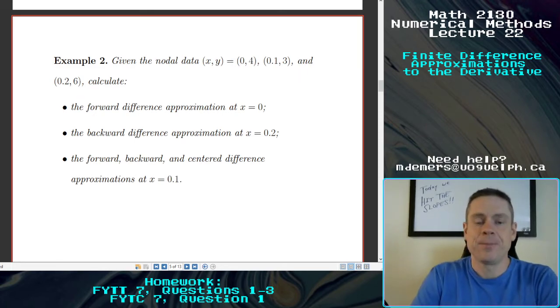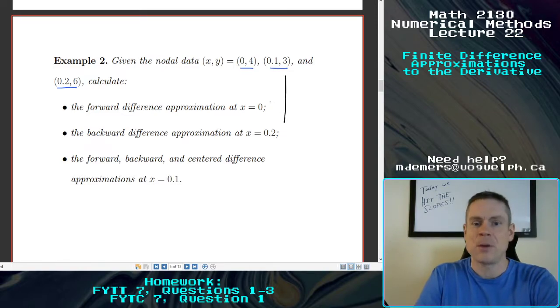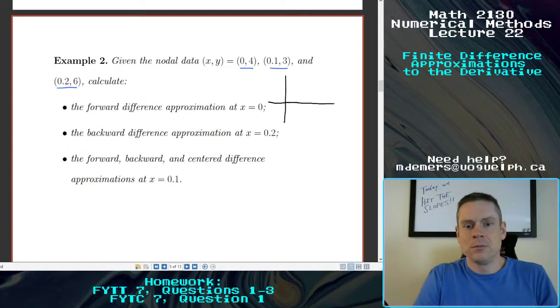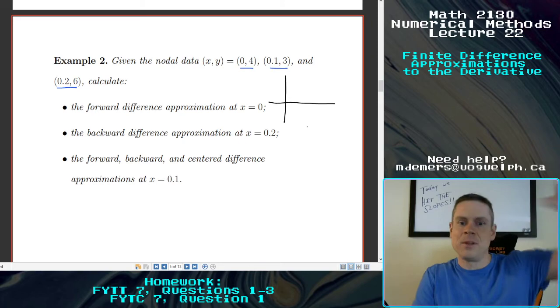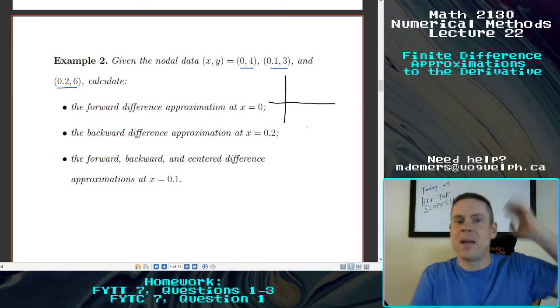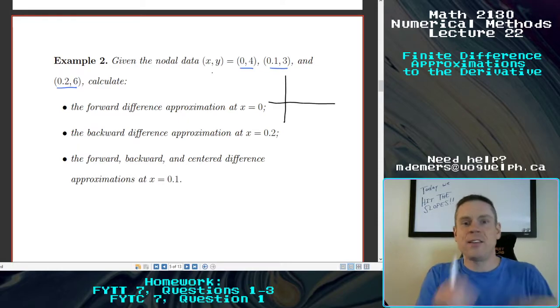Given nodal data, we have 3 points here: 0, 0.13, and 0.26. Right, if I was doing some measurements, maybe I was measuring, I don't know, temperature of something at given periods of time over the span of seconds. Maybe I'm measuring luminosity of some, right?